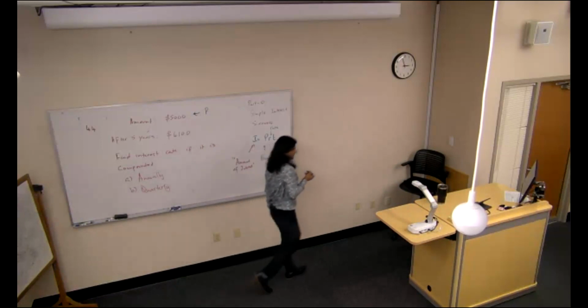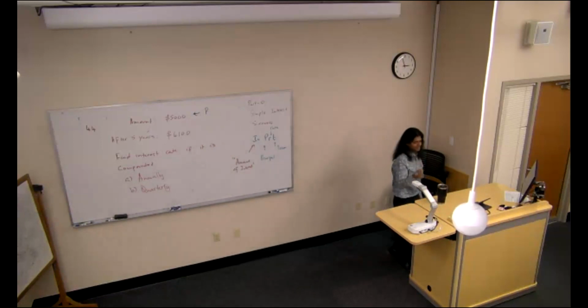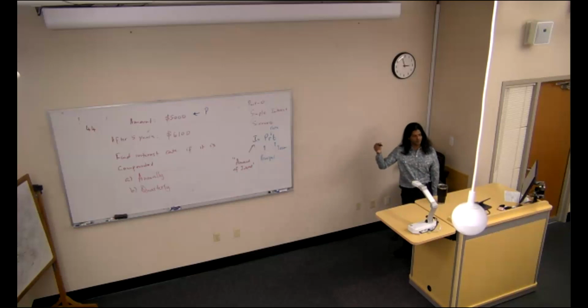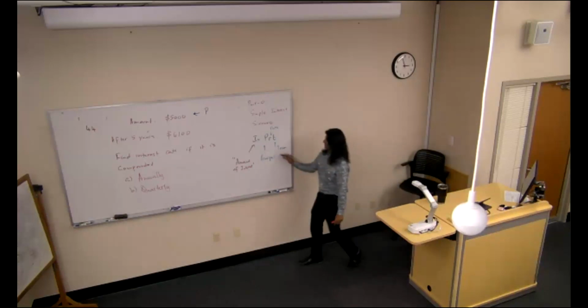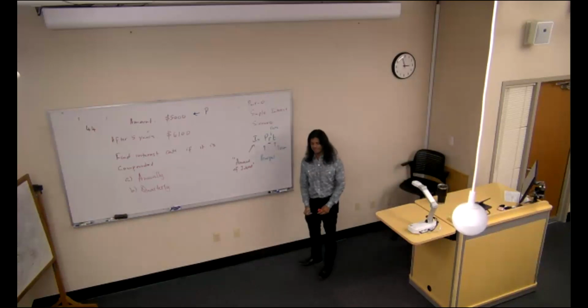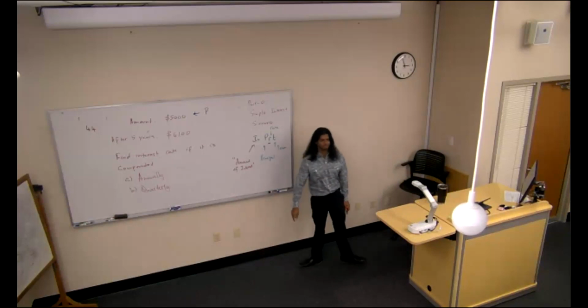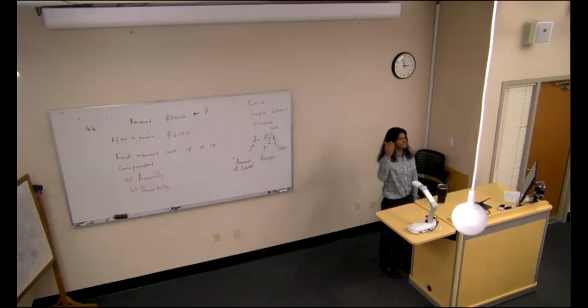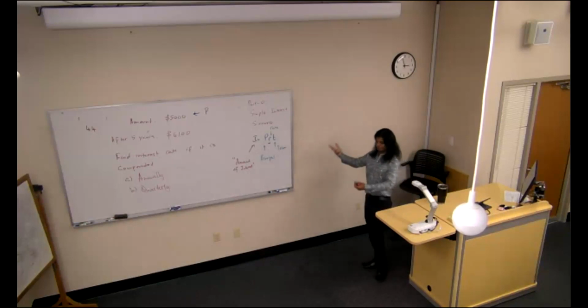The problem clearly states that we've got to find the rate, so we need to solve for R. We don't know what that is. Do we have T? 5 years. That is the term of interest.